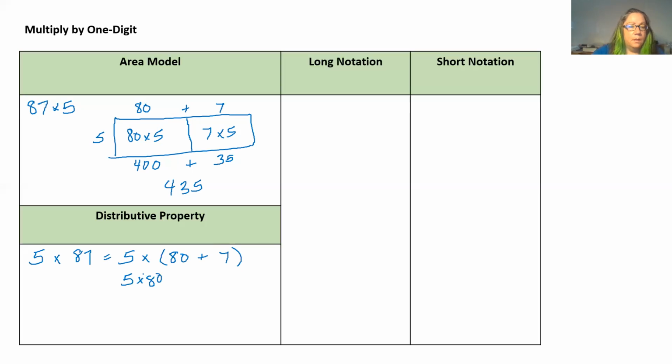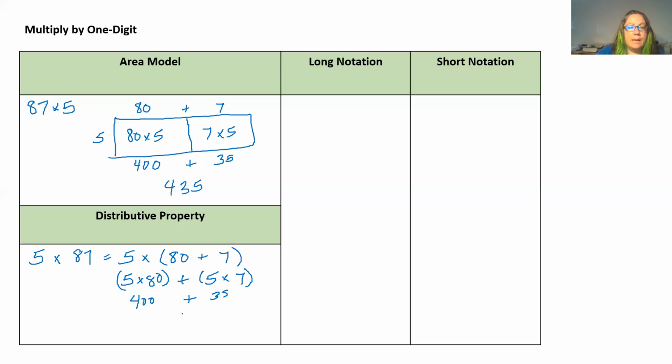Next row, I distribute the multiplication so that both parts are being multiplied by 5, and each part gets its own set of parentheses. Then I multiply each part.